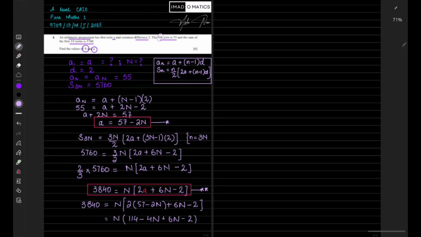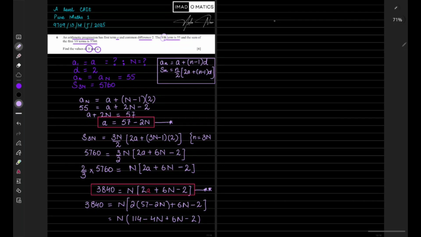So simplifying it, we will be getting n times 114 minus 2 is 112, and 6n minus 4n is 2n.